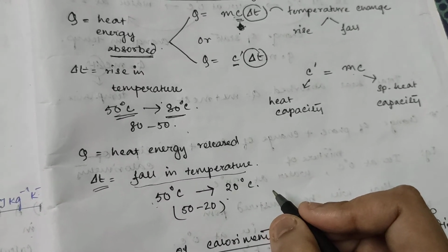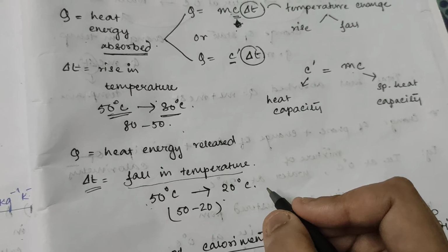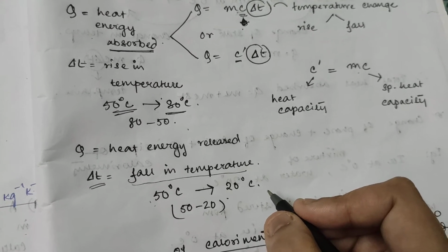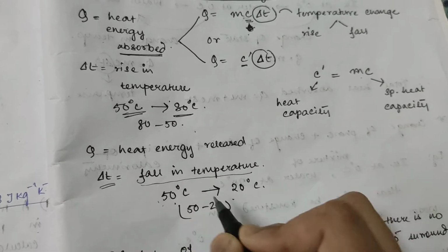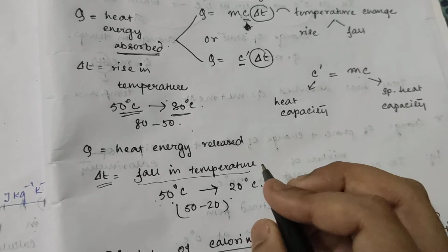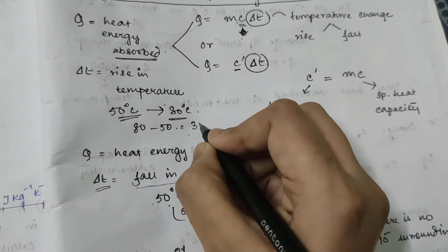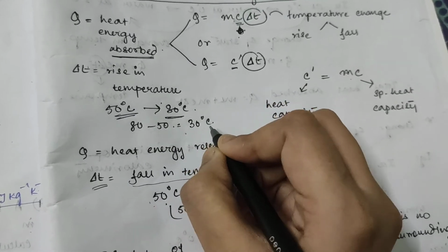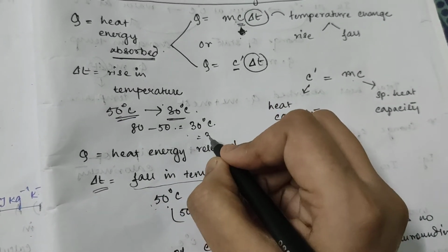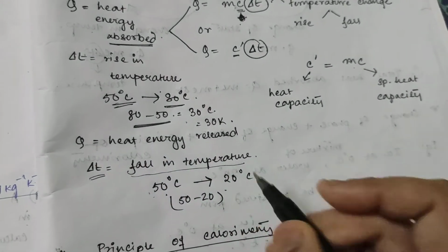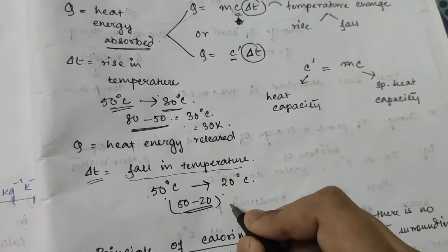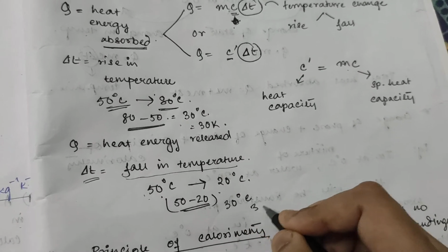Because we are calculating the fall in temperature. So now it will be initial minus final when it's fall in temperature. Delta T again positive. In this case it's 30 degrees Celsius, or we can say 30 Kelvin. Why? Because it's a temperature change. Here also fall in temperature is 30 degrees Celsius or 30 K.